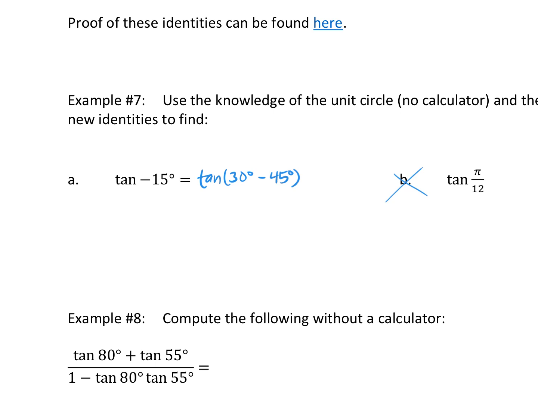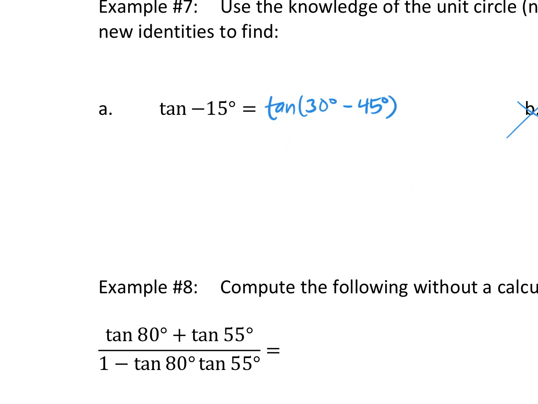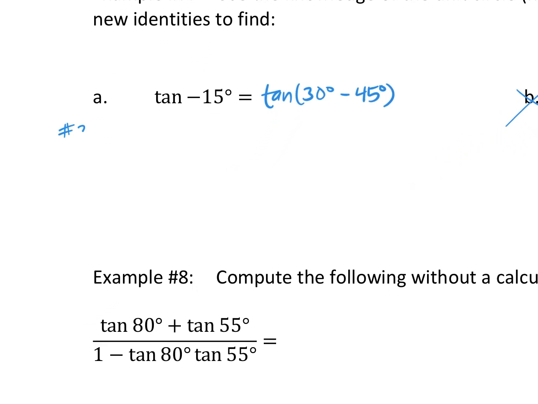So if we are subtracting, we are going to be using number 23's identity. And we're just going to plug in our A value and our B value. Now, again, just a reminder, you could have chosen a different angle. You could have done 60 and 45, or actually backwards, 45 minus 60, right?